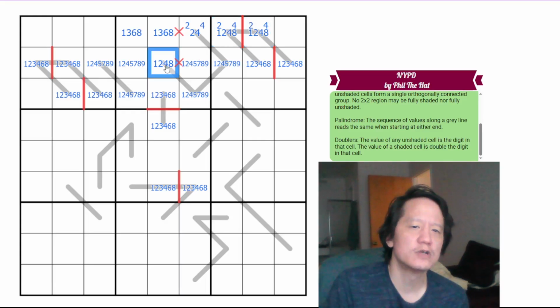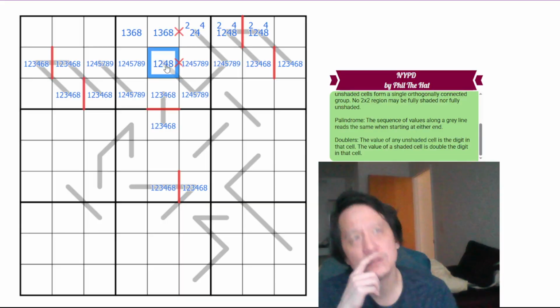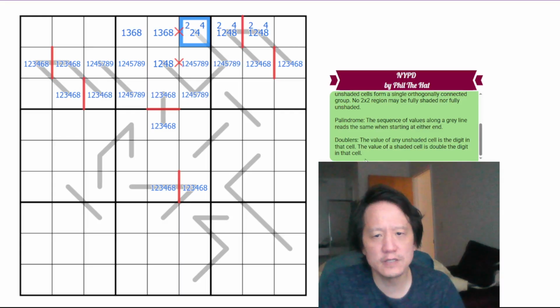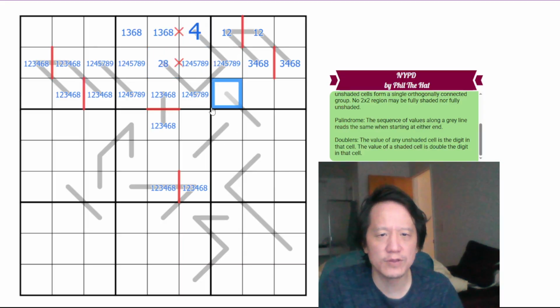I think one of them has to be here, right? So, yeah, say this was 4, and then this had to be 2 and 8. 1 and 2. That would mean this is not 1 and 2. This would be 2 and 8 with that, so this couldn't be 1, 2.